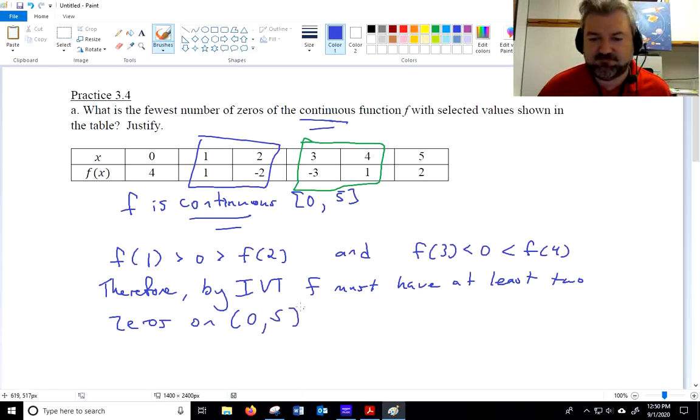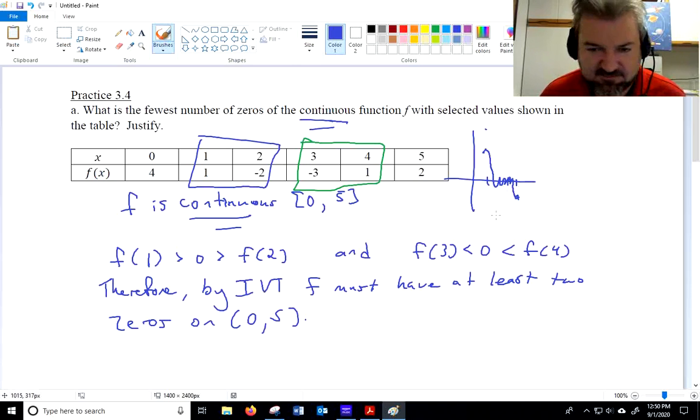So just a couple of things to note here. Again, I want to hit this again, that this idea that it's at least 2, I don't know how many. I know that we were positive when x equals 1, and when x equals 2, we're down here negative. But I don't know if that graph doesn't come down and then just go up, up, up, and then come down. It might cross that axis many times, right?